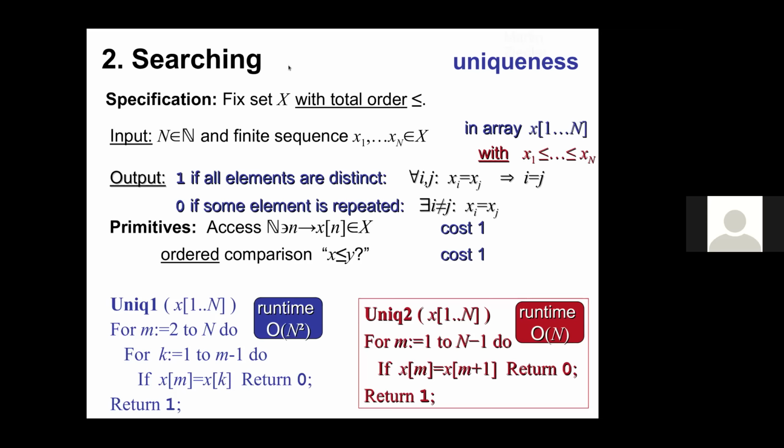Today I will not come to this, but to remind you, I said that the sorting will cost you n log n, not n to the power log n. So n times log n. And if sorting costs you n log n, then it is actually faster to sort and to run unique 2 than this naive unique 1 algorithm. Okay, so this was if you have a sorted array. And then we started discussing the problem.